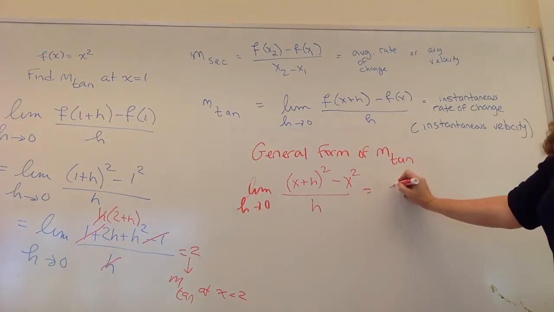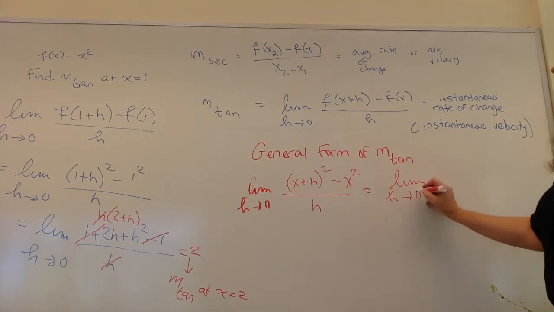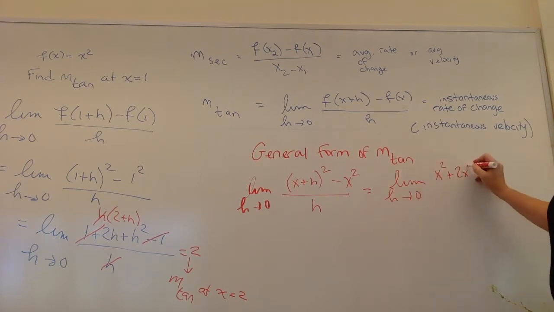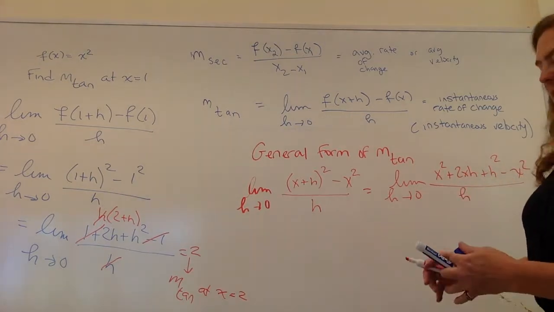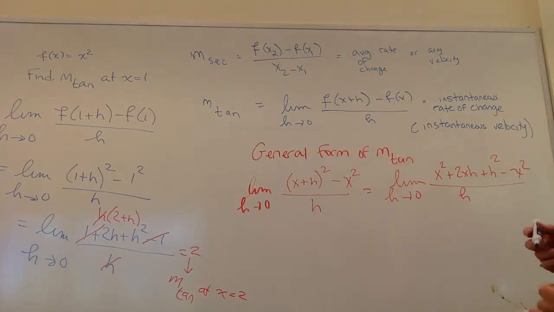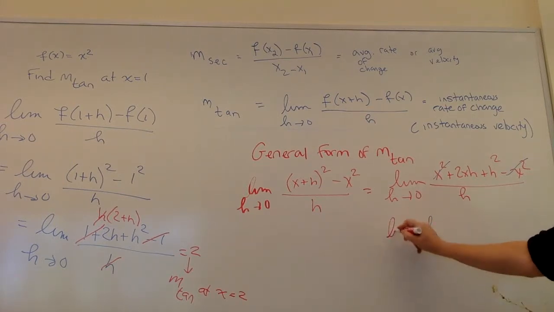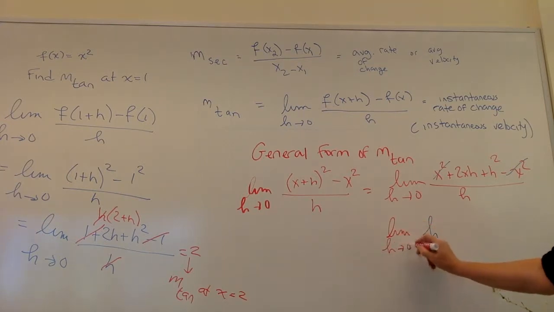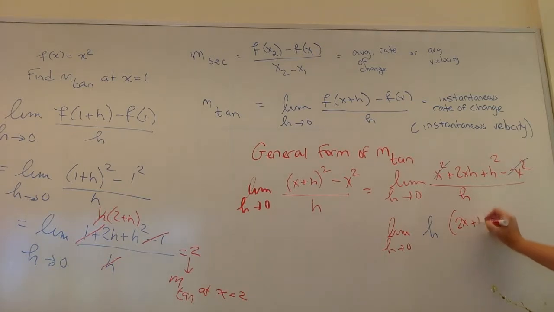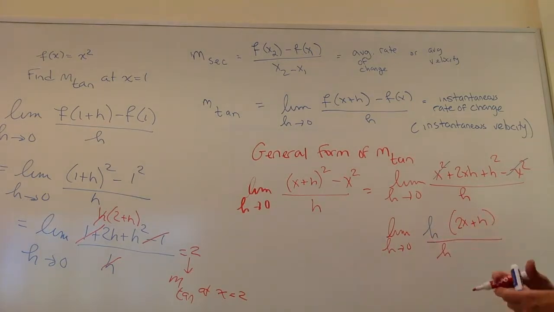What's that equal to? The limit as h approaches 0, x squared plus 2xh plus h squared minus x squared all over h. Again, things cancel. They'll always cancel. Factor out an h. I have the limit as h approaches 0 of h times 2x plus h over h. These cancel, and my limit is 2x. And that's the formula that lets me find the slope of the tangent line at any x.